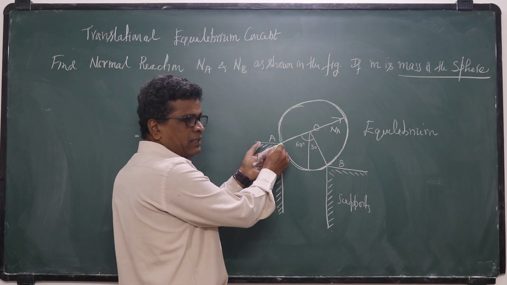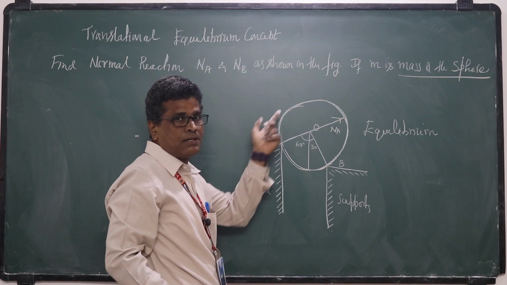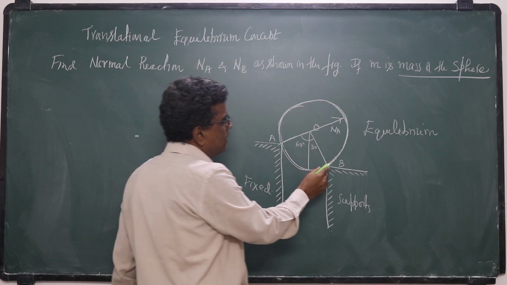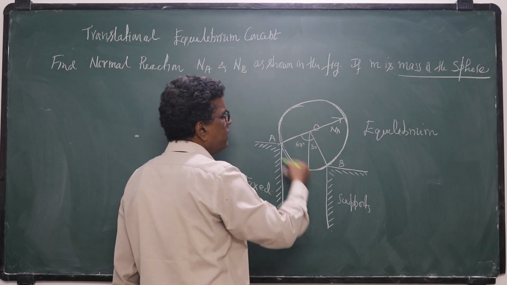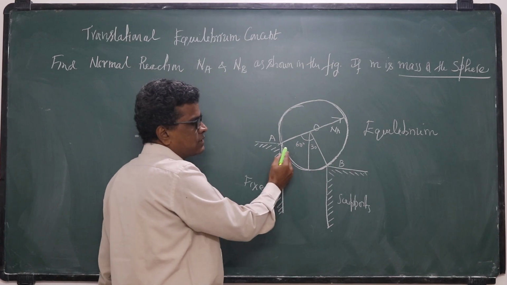Since this is the point where a part of the weight touches A and a part of the weight is at B, the entire weight of the sphere is supported by these 2 points.